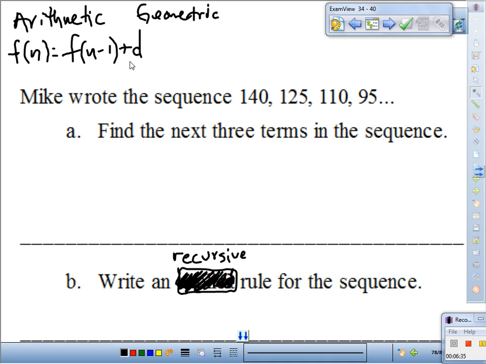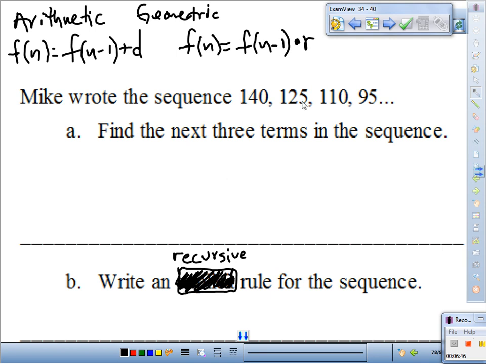You guys remember that? Geometric. F of n equals f of n minus 1, but instead of plus d, it's times r. You guys remember those? Yes, Mr. Q. All right, good. Those are the only two types of recursive sequences.